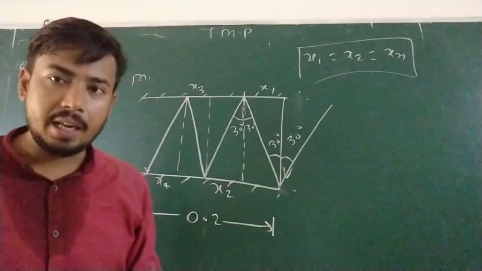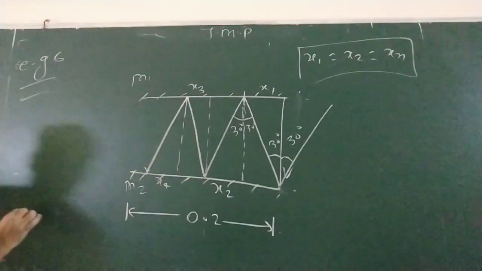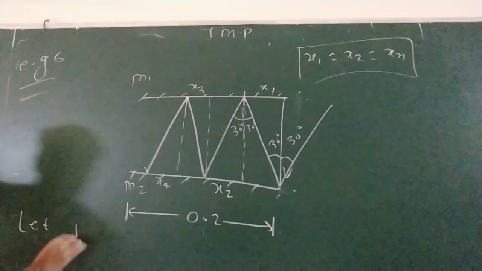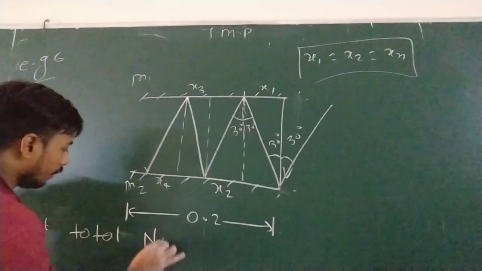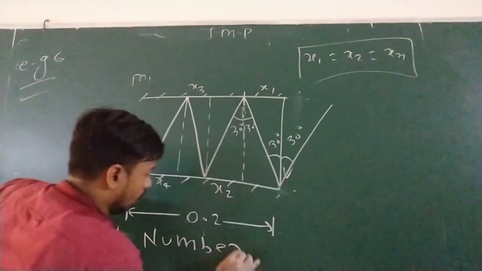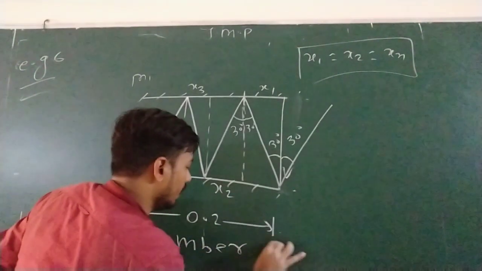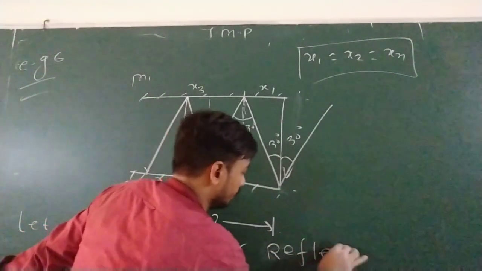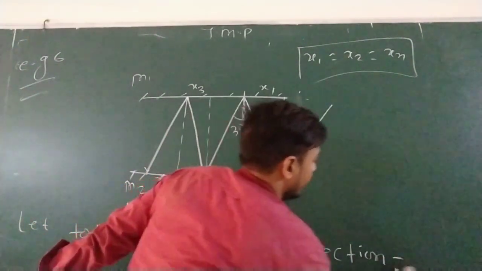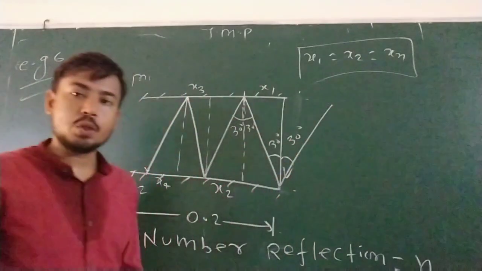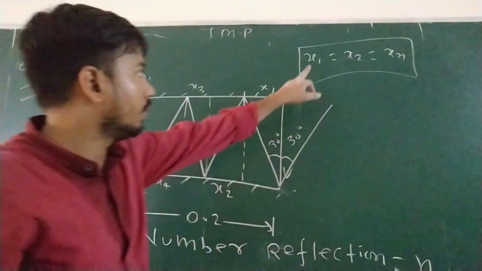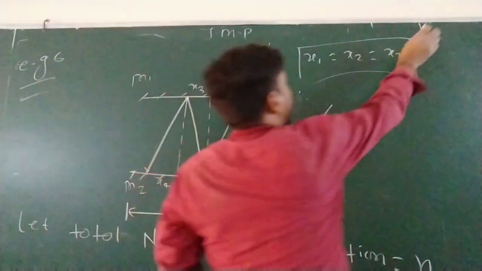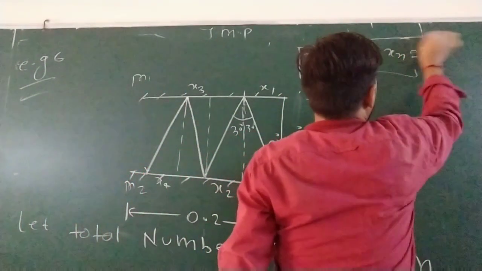So suppose the total number of reflections is n. So my dear student, how much distance is traveled in one reflection? x1, or simply you can say x naught.